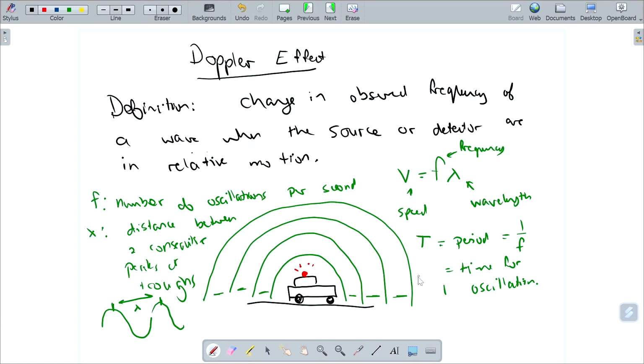So once again, if we had a stationary observer standing over here, and the ambulance is sending out its waves, then if they're both stationary, the wavelength remains the same, the number of oscillations remains the same, and the frequency of the sound remains the same.